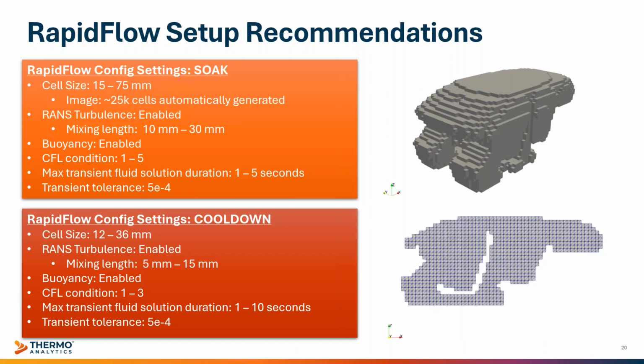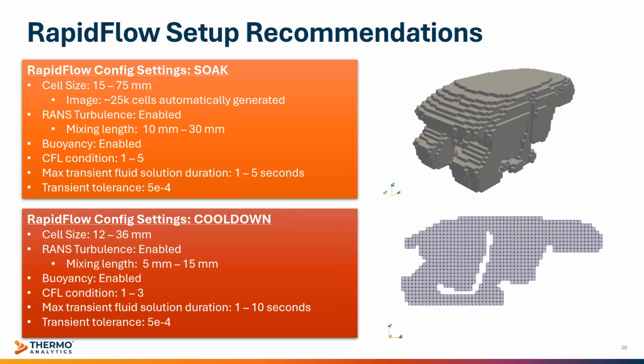If you choose to use RapidFlow to model your interior convection, here are some suggestions for the configuration settings. These settings all get defined in the RapidFlow config text file. And these recommendations do vary based on what type of simulation you're running, so a soak, a cool down, or a heat up. In our testing of settings for cabin models, the ranges shown on the slide produce stable models with good results.